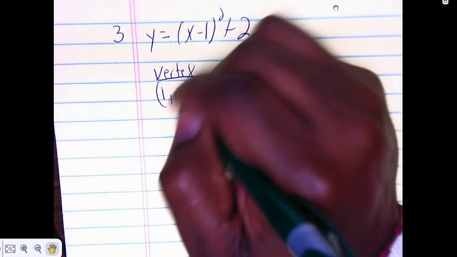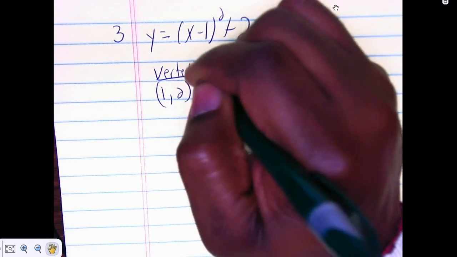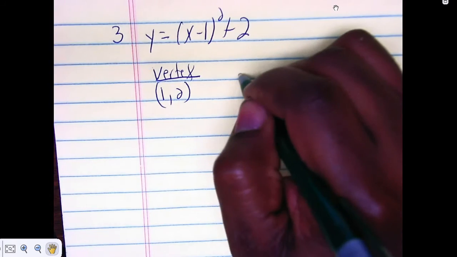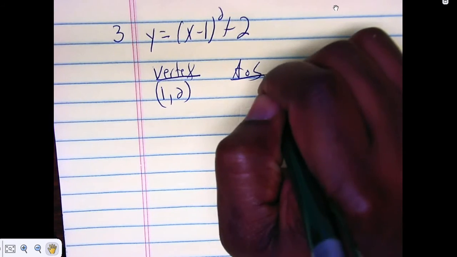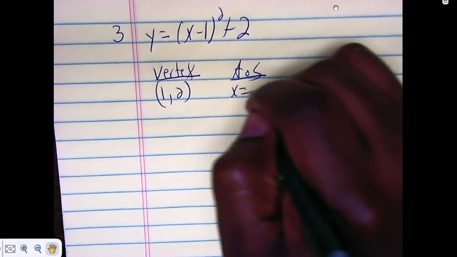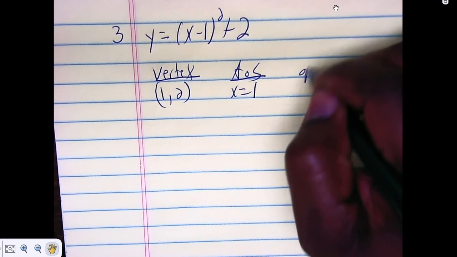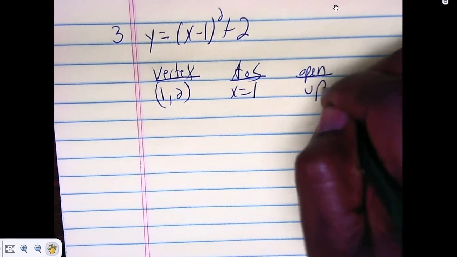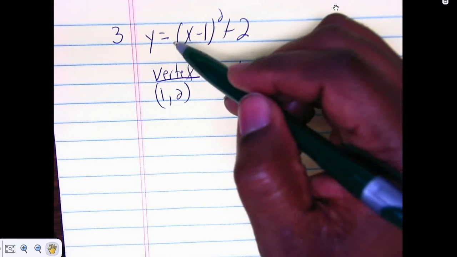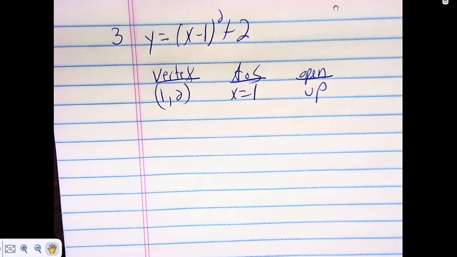That's your k, actually. You change the sign of h, which means the axis of symmetry is also x equals 1 because those two are always going to be the same. It opens up because a is the number in front. A is positive, and since you don't see a negative sign, we know that it opens up.